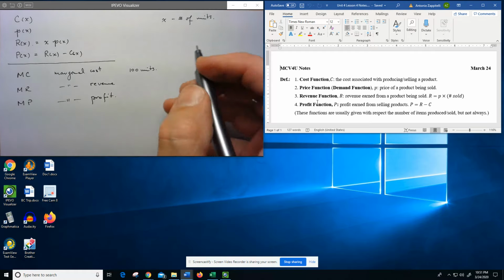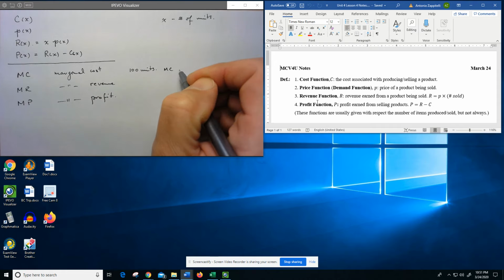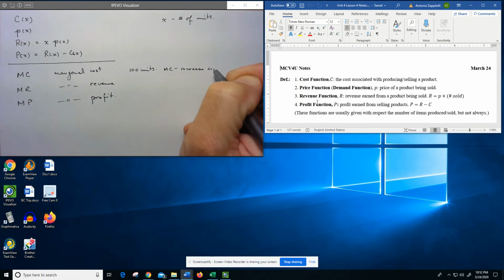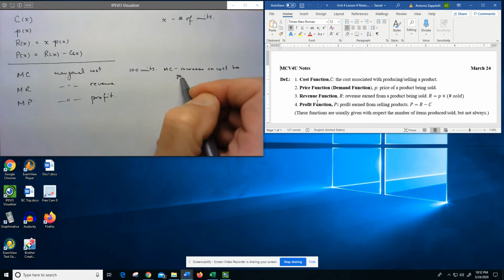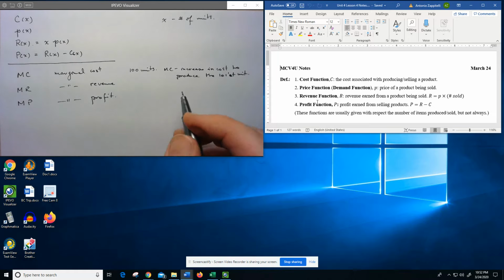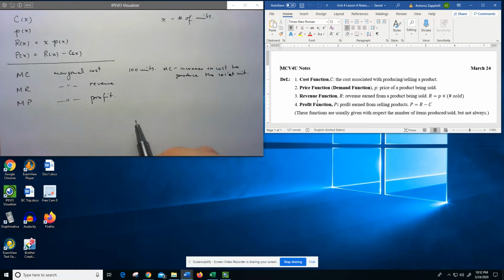The marginal cost is the increase in cost to produce the 101st unit. So how much does it cost me to produce one more unit? Notice how I'm starting with a particular number of units, because if I'm selling 500 units, the amount it costs to produce one more unit might not be the same.